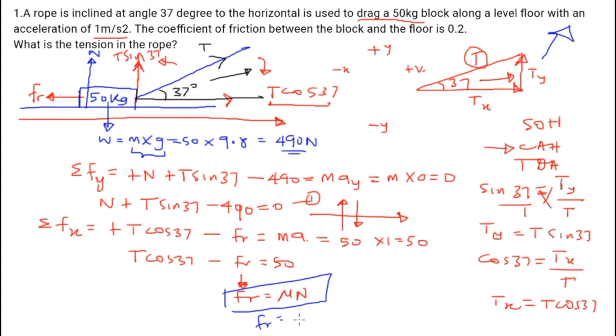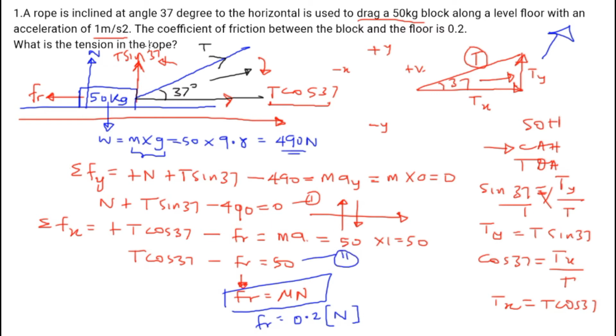Fr is equal to mu N, where mu is the coefficient of friction. In this case, mu is given as 0.2, and N, which is the normal reaction, we have it in equation 1, so we can find an expression for N from equation 1, so we can substitute in Fr. Now let's make this equation 2.